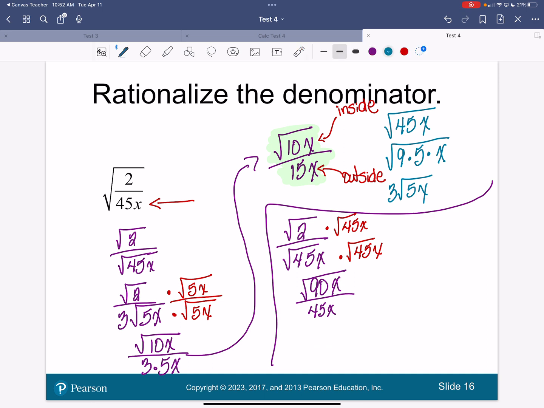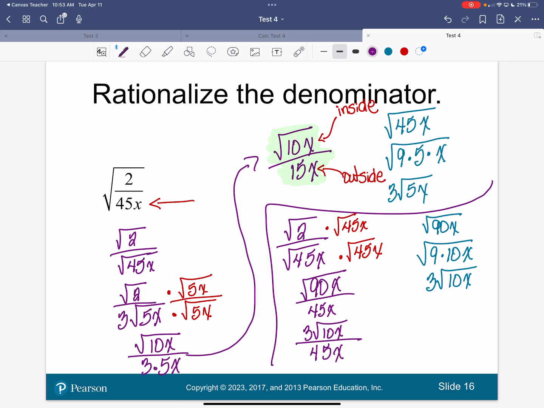Now, I'm going to do this part over to the side. So I've got the square root of 90x. What's my perfect square factor in there? 9. It's still 9. So I'm going to have 9 times 10x. What's the square root of 9? Good. So I'm going to have 3 on the square root of 10x over 45x.